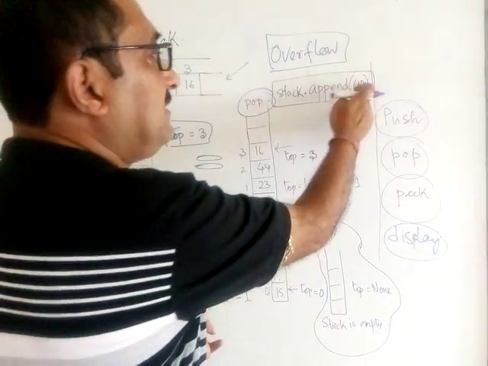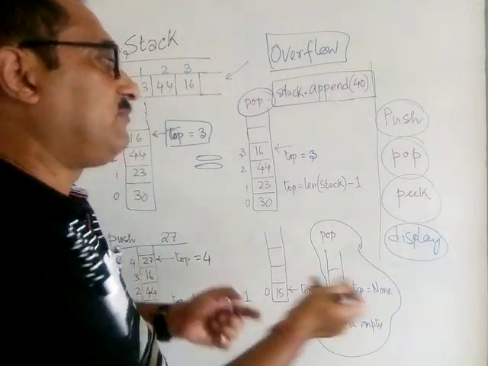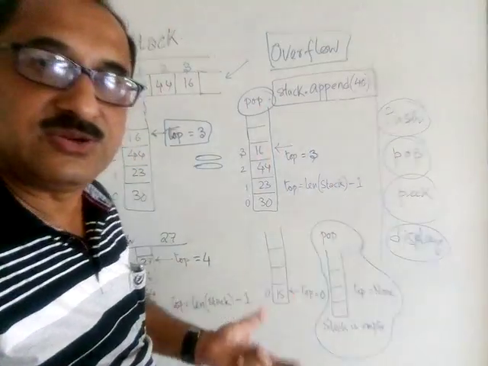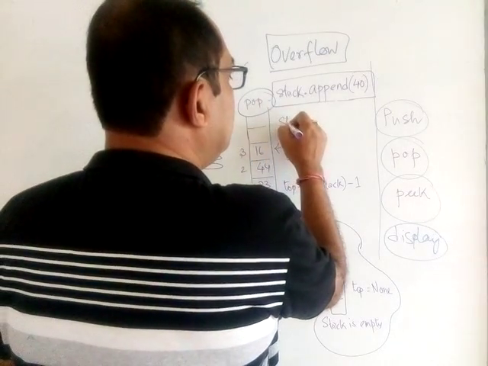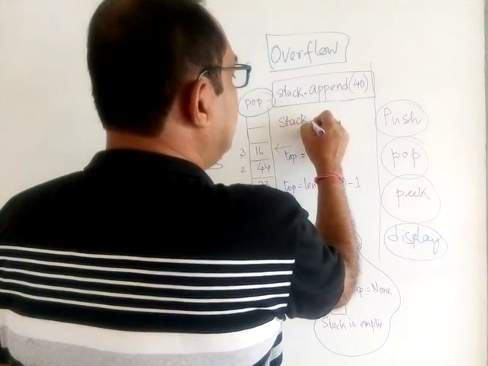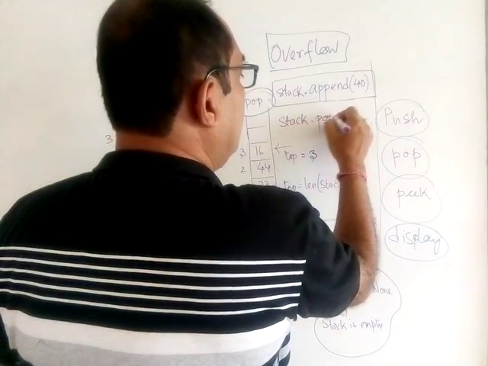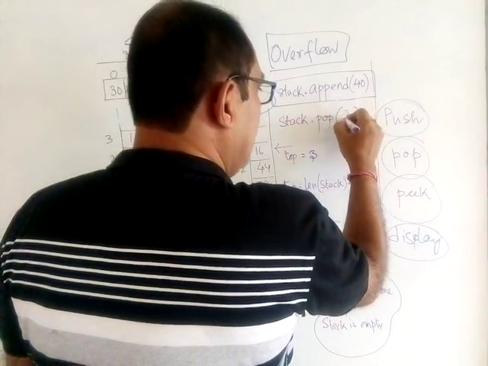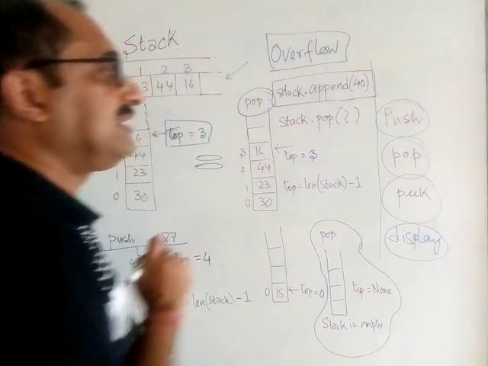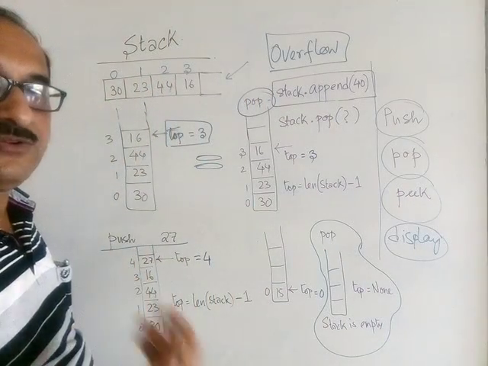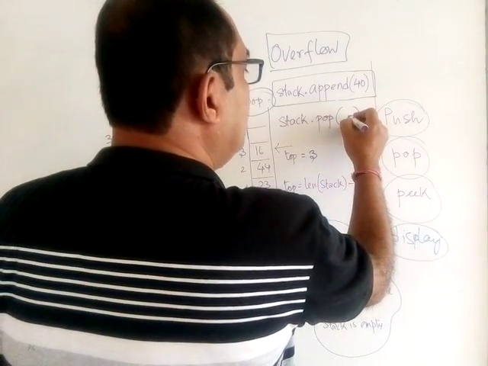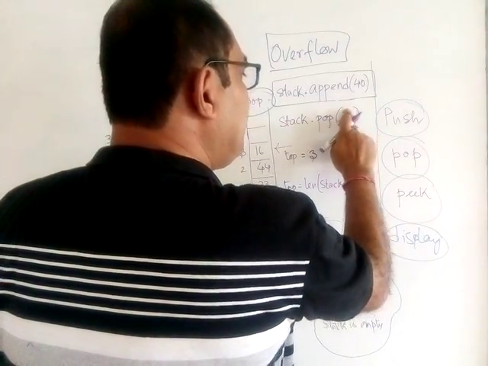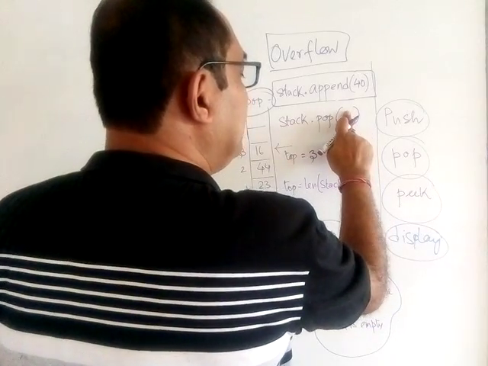If you write append, then 40 gets added, and I want 40 to be added here only, so there is no problem. Another function we have learned in connection with stack, if you remember, is stack.pop. Now here we might like to write an index position, or we may not. For example, if I write stack.pop(2), then whatever is in index position 2 will be deleted.